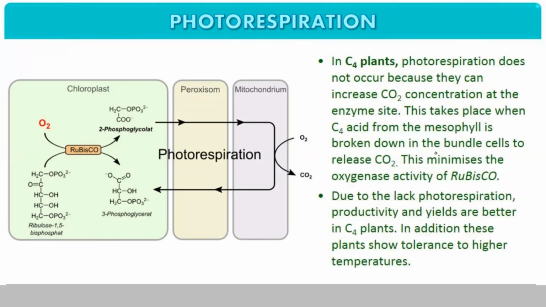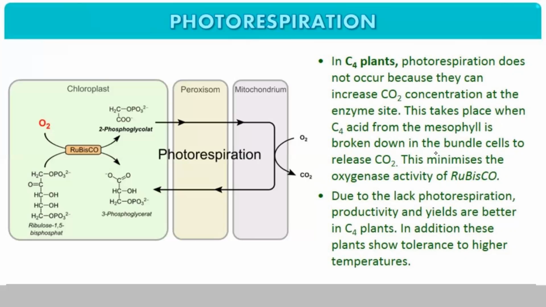So it's useless. But in C4 plants, photorespiration does not occur because they can increase the carbon dioxide in their bundle sheath cell at the enzyme site. This takes place when C4 acid from the mesophyll is broken down in the bundle sheath to release carbon dioxide.